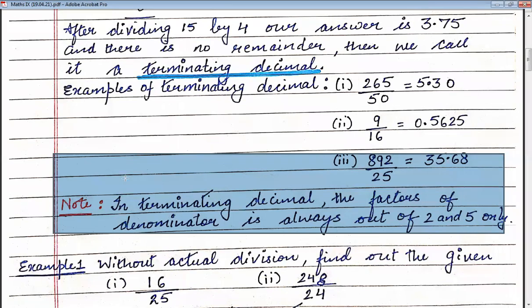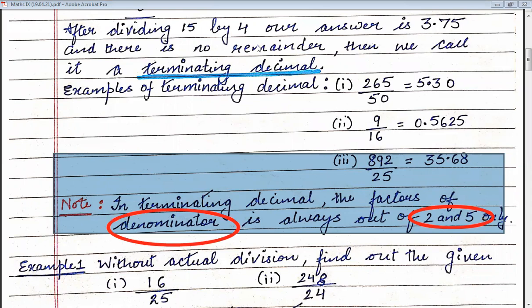What you have to see is just its denominator. If its denominator has factors of only 2 or 5, then that rational number or fraction is called a terminating decimal.